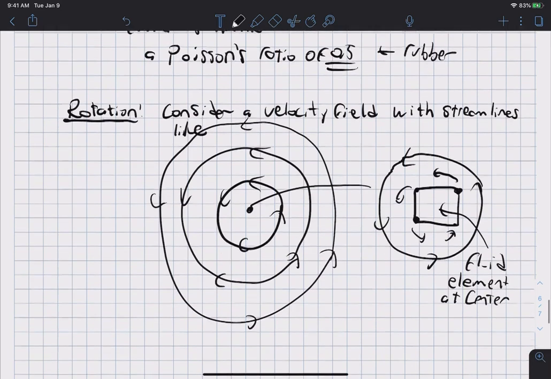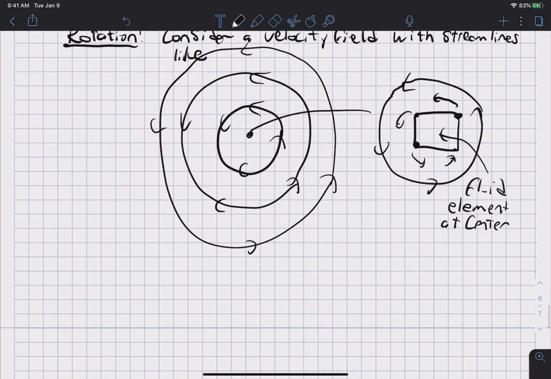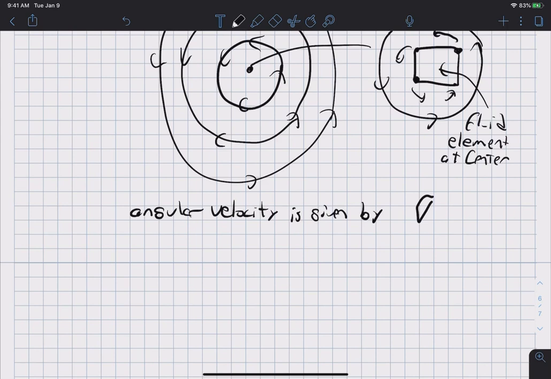And so the angular velocity, I'm not going to do too much work with that here, is given by the curl of the velocity field. Okay? And so the curl tells you how fast a local region of the flow is spinning.